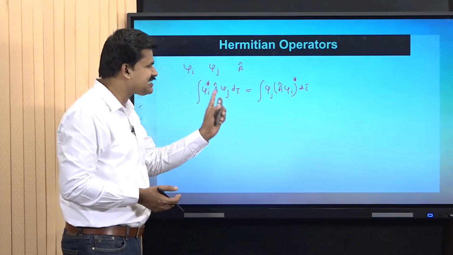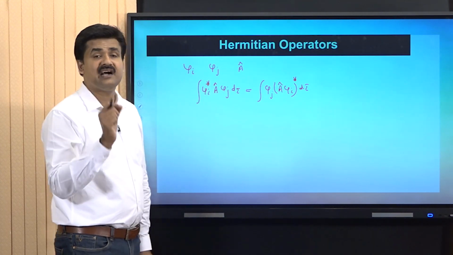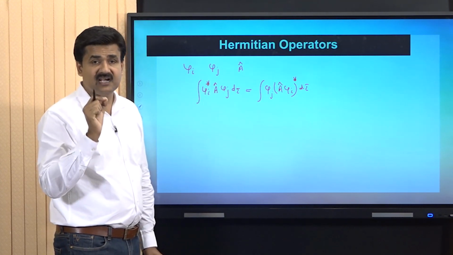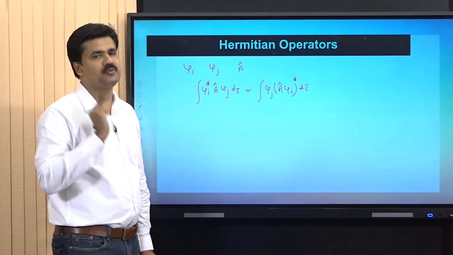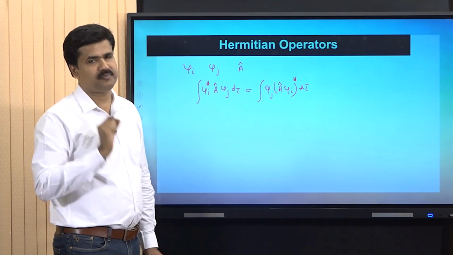If this result is valid, the operator A hat is said to have Hermitian property, or A hat will be a Hermitian operator.